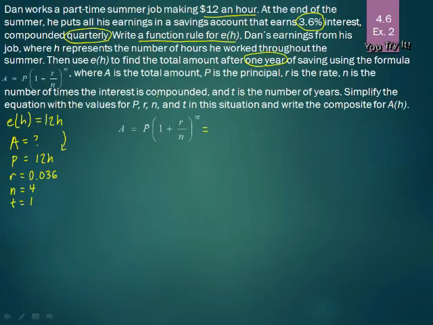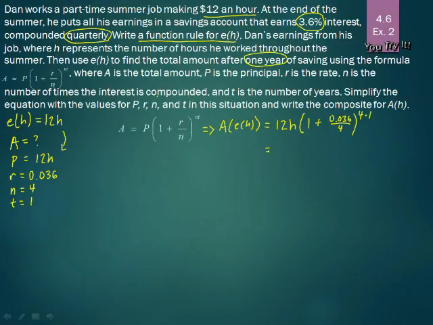We still don't know A, but we do know P, so we can go ahead and plug in E of H. We're going to put that in our equation instead of P. So instead of P, we can put 12H, and then we still have 1 plus our rate, 36 thousandths divided by N, which is 4, raised to the N, which is 4, times T, which is 1.